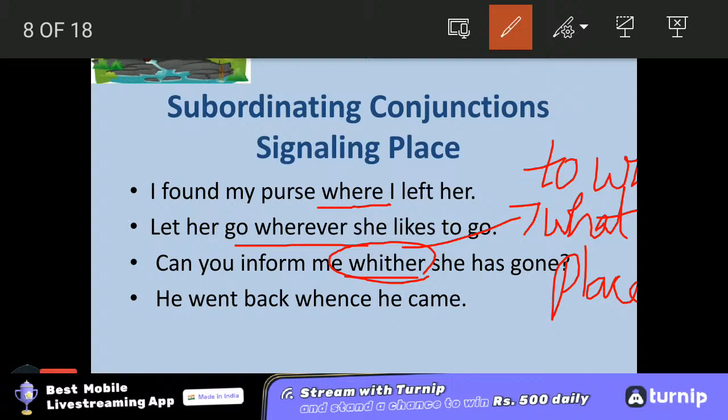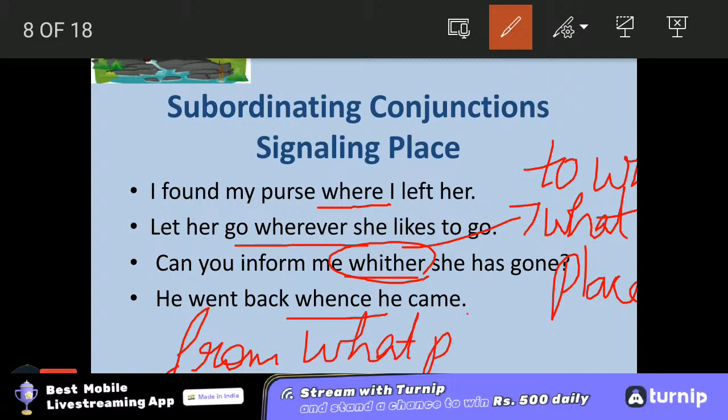Next, he went back whence he came. Now whence is again a new word, and whence is used when we are talking about from what place, कहाँ से, and in the above case to what place means कहाँ पर.